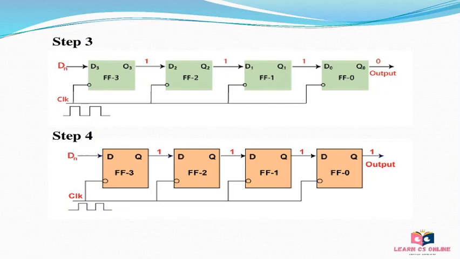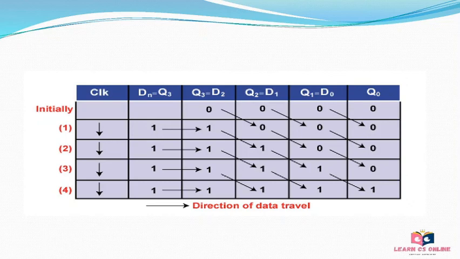The last flip-flop, that is flip-flop 0, is set and the word is stored when the clock's negative edge arrives. The stored word is changed to 1111. The truth table for the serial in, serial out shift register is shown here.